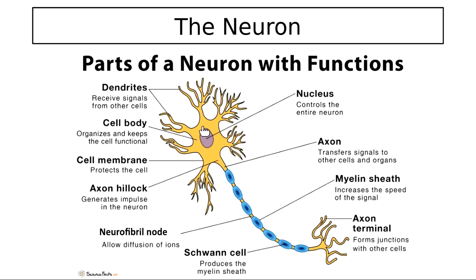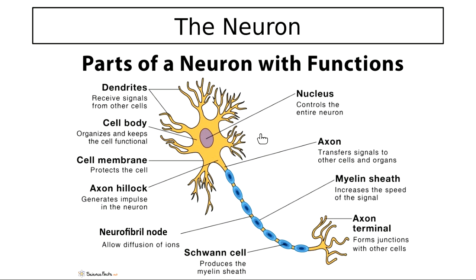Number two is a dendrite. Dendrite means branch. So you see there are dendrites sticking out on this multipolar neuron, which is what this one's called. These are branches from the cell body which conduct impulses toward the cell body of the neuron.